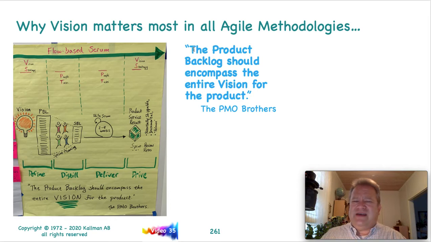One thing that I want to highlight here is that the product backlog should encompass the entire vision for the product. I was working with a couple of teams last year, and it was really interesting to see when true distillation occurred. I'm going to come back to that in a second. You'll notice here vision is not traditionally included in the Scrum framework.